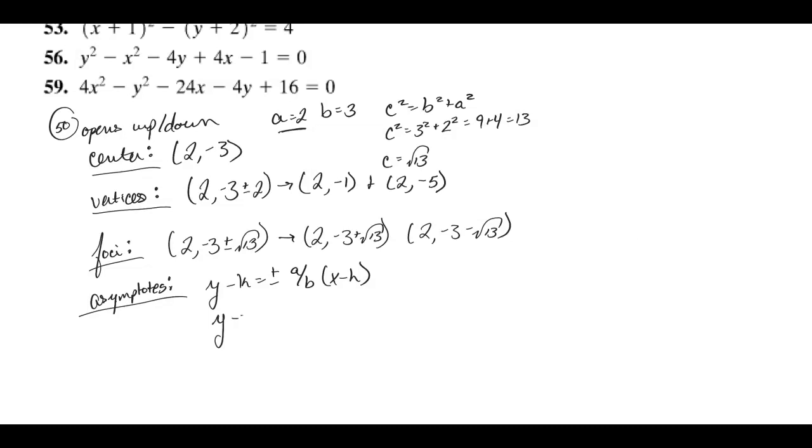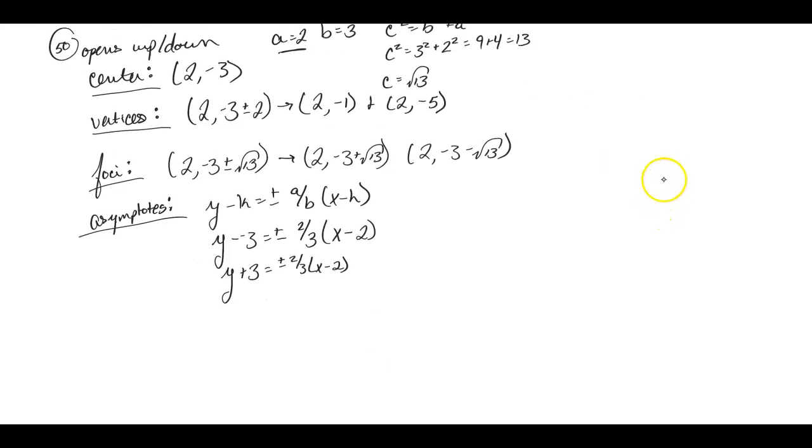So we're going to have y minus -3 equals plus or minus a over b times x minus h. Our h is 2. I'm going to clean that up a little bit. Y plus 3 equals plus or minus 2/3 x minus 2.